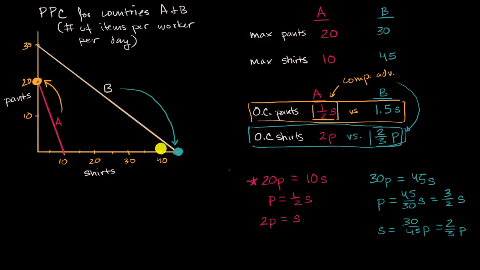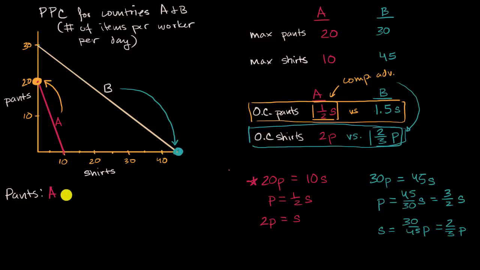And what would be an acceptable trading price, let's say for pants? Let's focus on pants for a second. So if we're thinking about the market for pants, if you're country A, what would you be willing to sell pants for in terms of shirts? Well, a good price, so to speak, would be something higher than your opportunity cost.